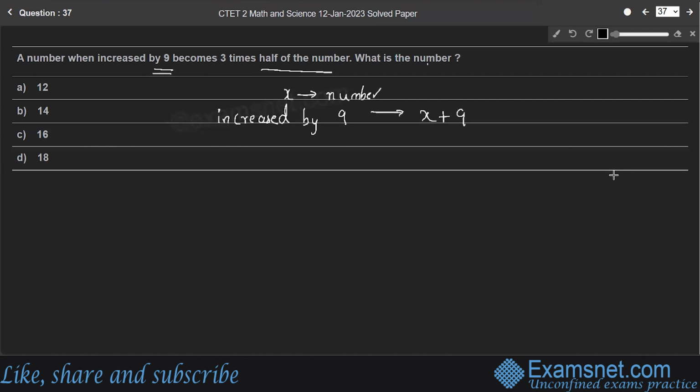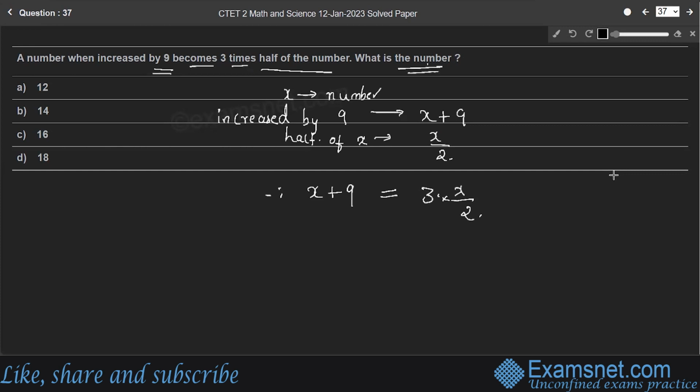This x plus 9 becomes 3 times half of the number. Half of the number means x by 2. So when the number is increased by 9, x plus 9, it becomes 3 times half of that number, which is 3 into x by 2.